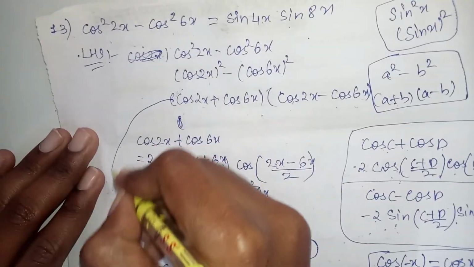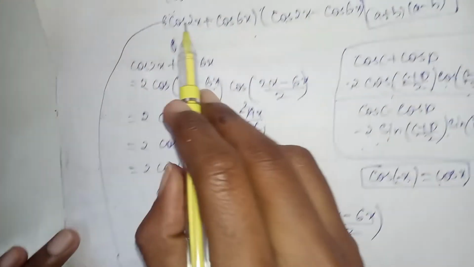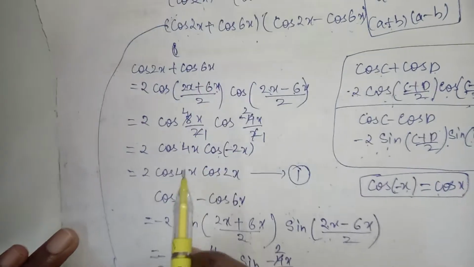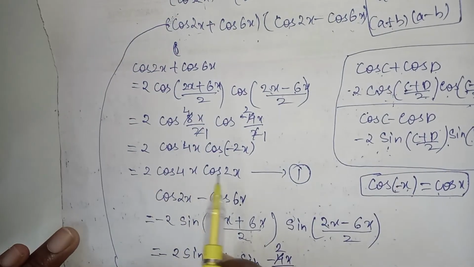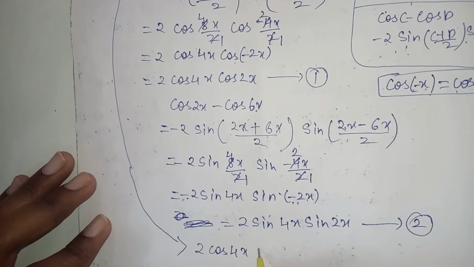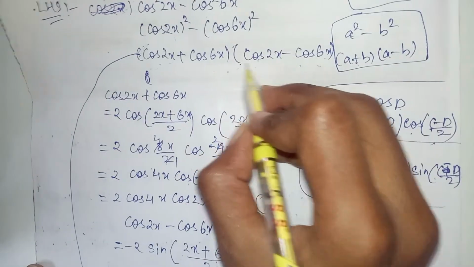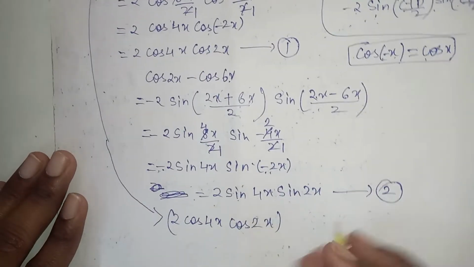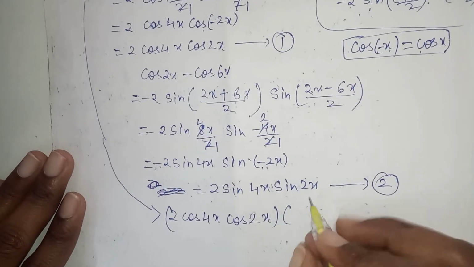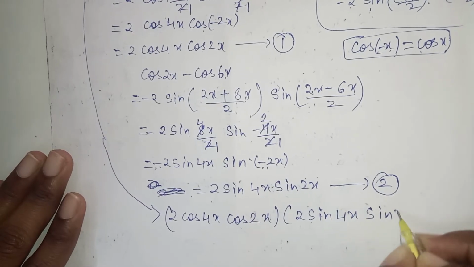So let us keep the values in this. I am writing this all over here. Cos 2x plus cos 6x, what we got, is 2 cos 4x cos 2x. And again cos 2x minus cos 6x, that is 2 sin 4x sin 2x.